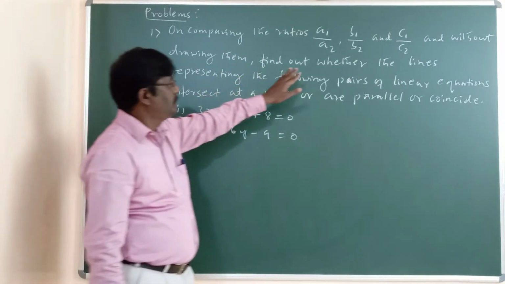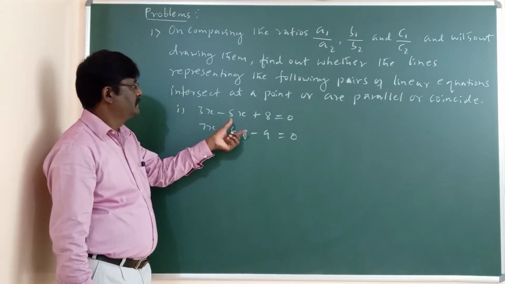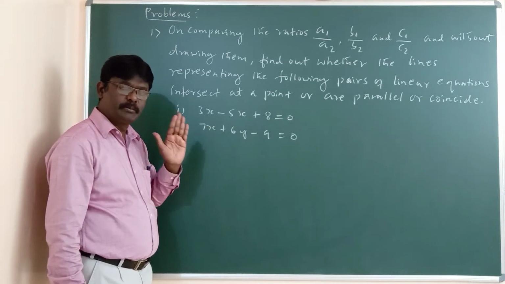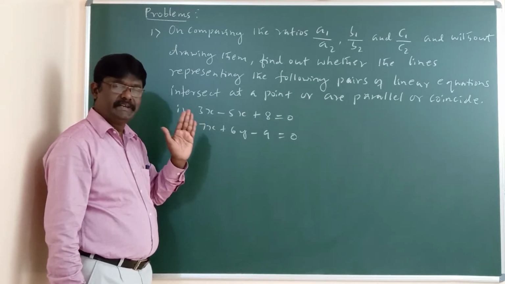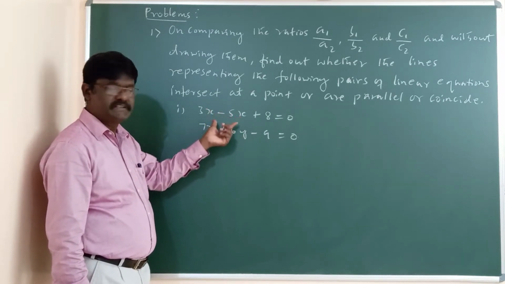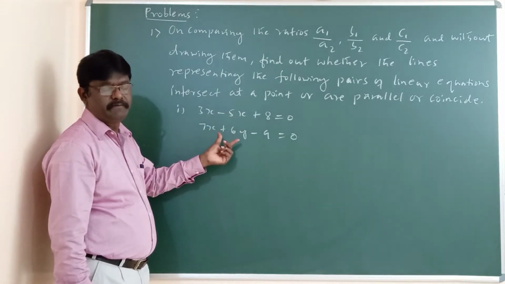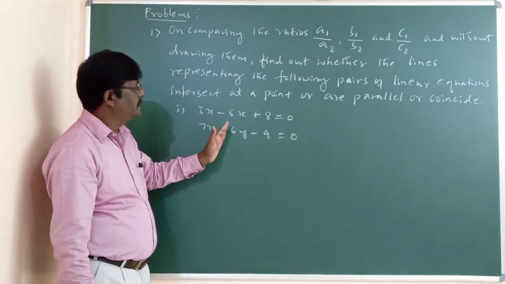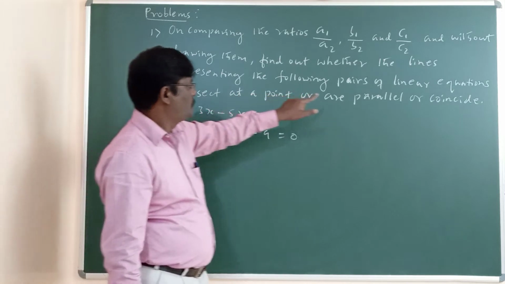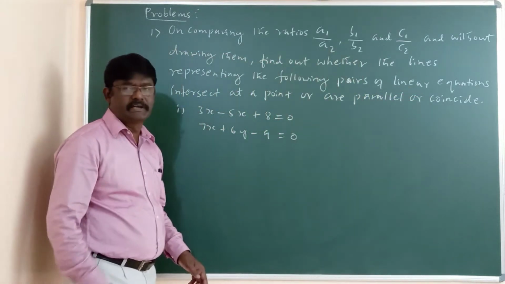We have to find out whether the lines representing these equations, since any linear equation of degree 1 is represented by a straight line, and since we are given two equations, surely we will have two lines. We have to check whether they intersect, are parallel, or coincide. We have just studied the conditions.